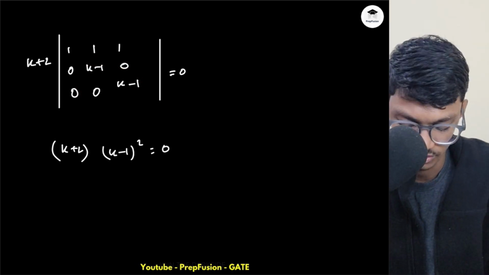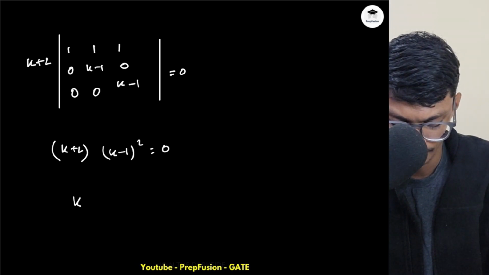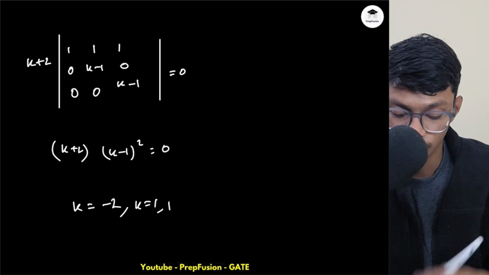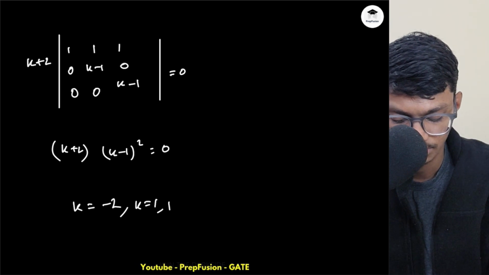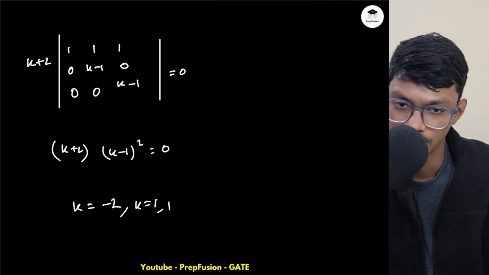So how many distinct values do I have? I have k equals to minus 2, k equals to 1 and 1. So the number of distinct values for k is 2, because they are minus 2 and 1.